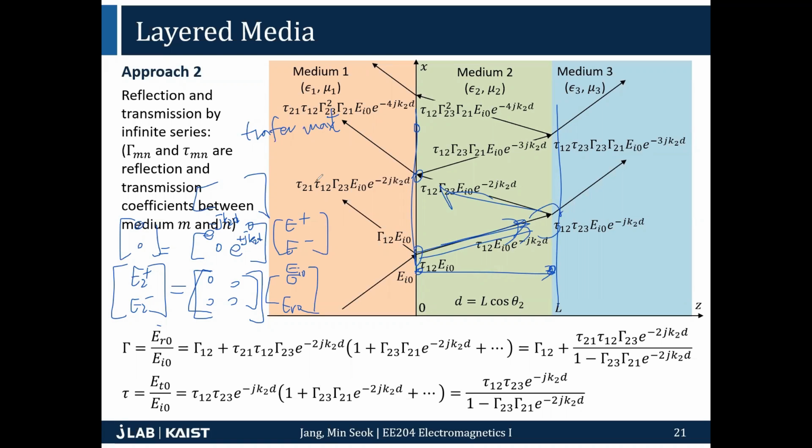Once you have a transfer matrix for all the interfaces and the bulk, you can deal with an arbitrary number of layers without too much of a problem. But this is beyond the scope of our lecture at this moment. A similar problem is introduced in the homework, so you can just have a look.